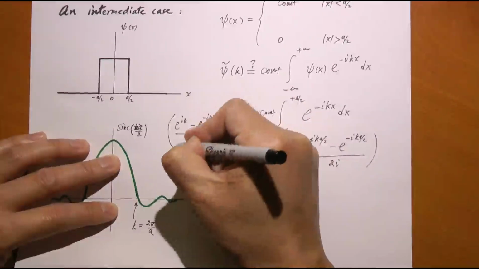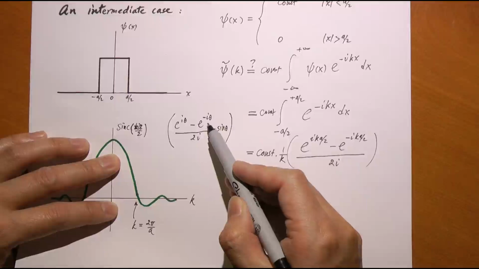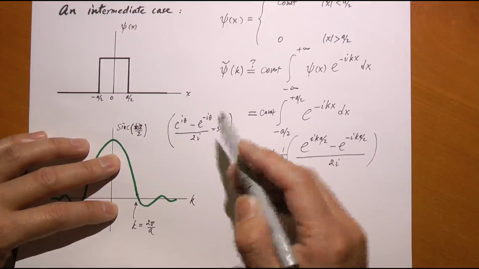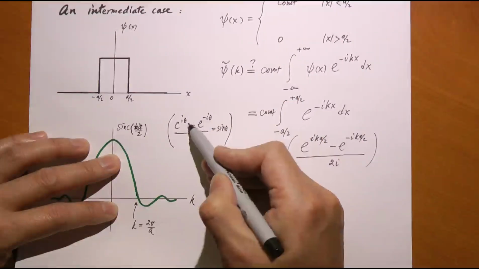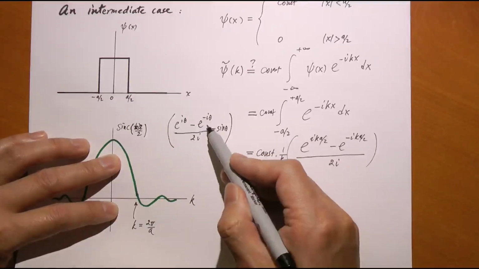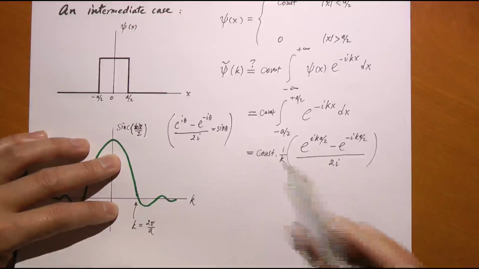If you wonder where that comes from, all you have to do is express e to the i theta and e to the negative i theta in terms of the Euler formula: e to the i theta equals cosine theta plus i sine theta, e to the negative i theta equals cosine theta minus i sine theta, and you will easily get that.